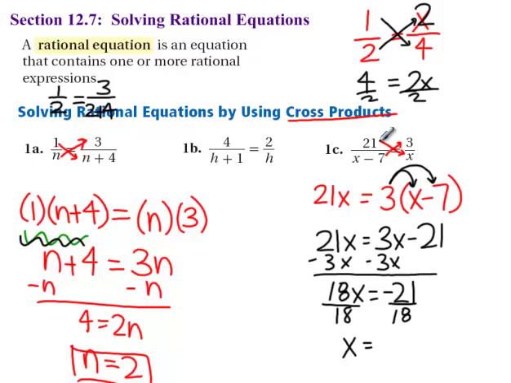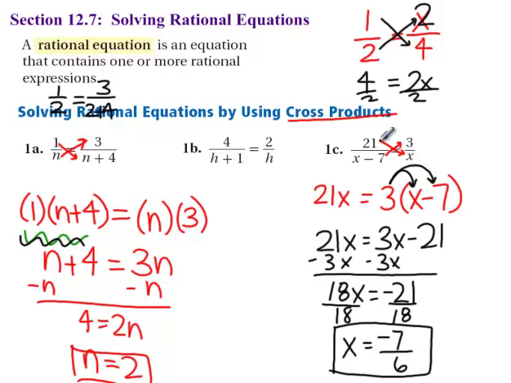Kind of a messy fraction, but let's simplify it. A number that goes into 21 and 18 is 3. It goes into 21 7 times, and it goes into 18 6 times. So we can simplify our answer to negative 7/6.